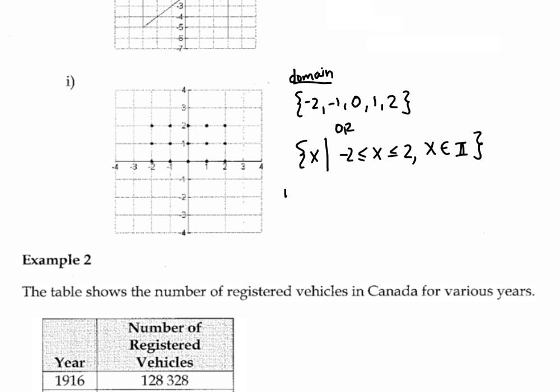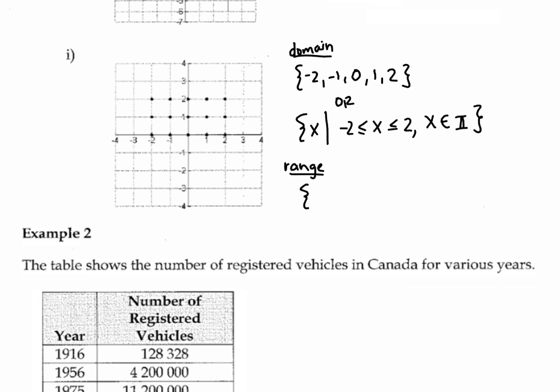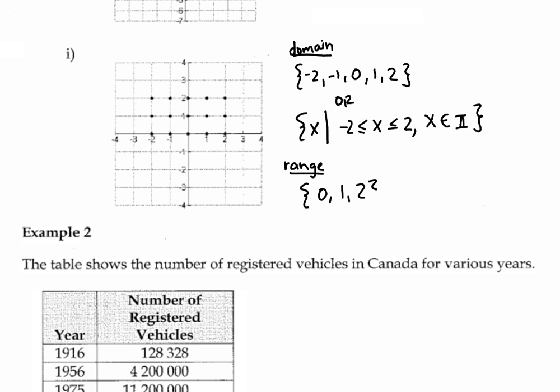Range. So what's one way, just writing the points? Range is y. How far up and down? 0, 1, and 2. Or is it all the points 0 to 2? You could write this as y is greater than or equal to 0, less than or equal to 2, comma, what type of numbers are 0, 1, and 2?